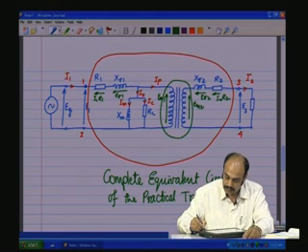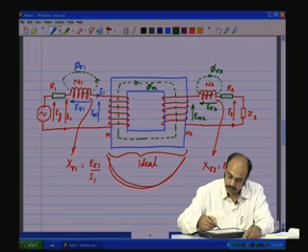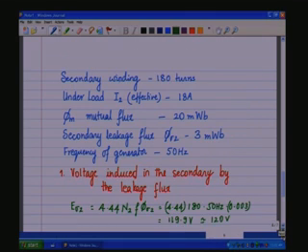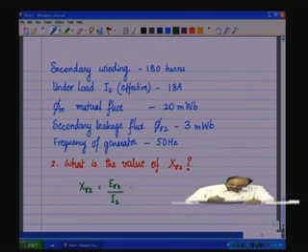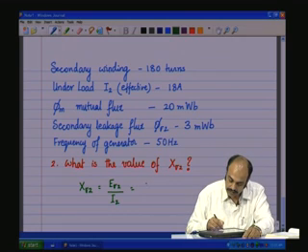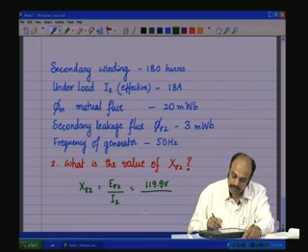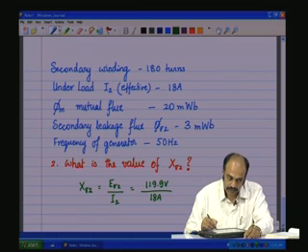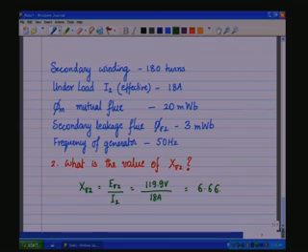If you go back, you see that the secondary leakage reactance X sigma 2 is E sigma 2 by I2. Now, which is equal to, and we obtained E sigma 2 to be around 119.9 volts divided by what is given, around 18 amps, which is flowing through the secondary, and this is around 6.66 ohms.